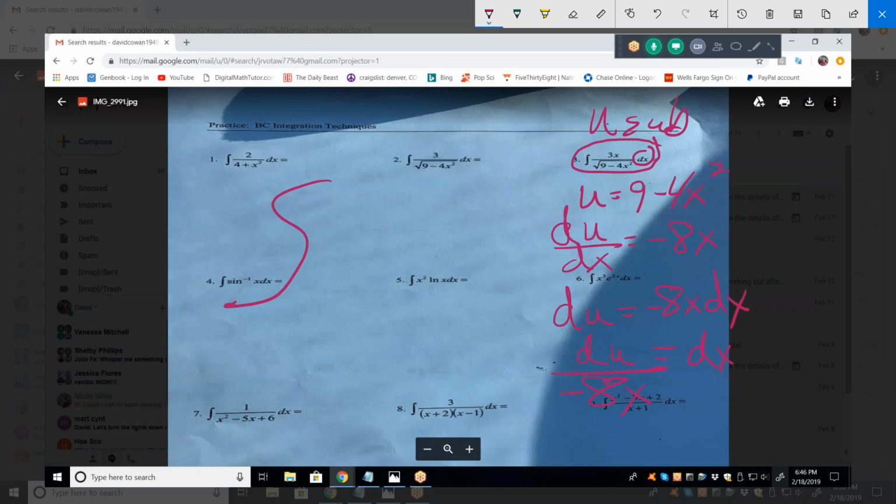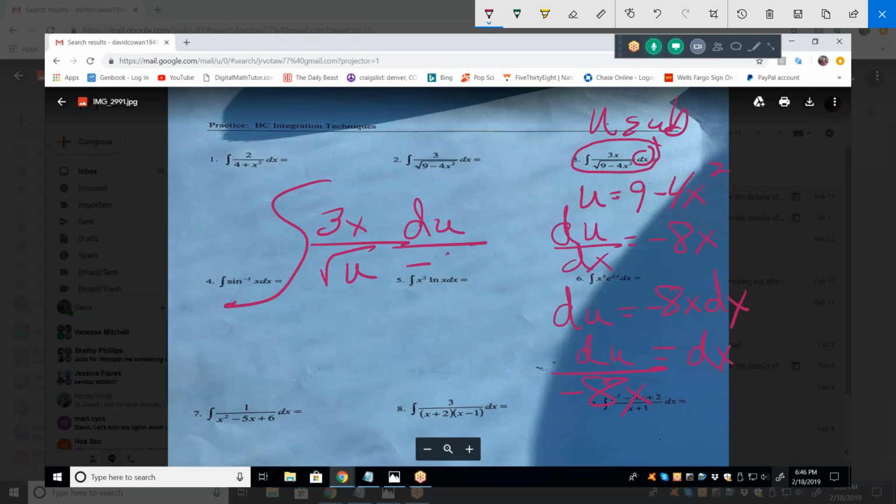Okay, so now we're going to write an integral in terms of u. I haven't done anything with the 3x yet, so I'm going to leave that there. How am I going to write the bottom? Radical u, and then du. Dx equals du over negative 8x.